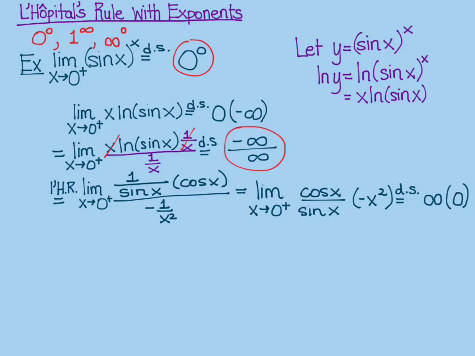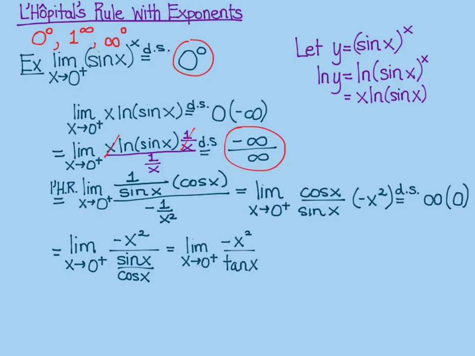Direct substitution gives me infinity times 0, which again is an indeterminate form, so I'm going to use my trick. I'm going to keep the negative x squared on the top, and I'm going to push the sine x over cosine x into the bottom. So I'm left with the limit as x goes to 0 from above of negative x squared over tangent x.